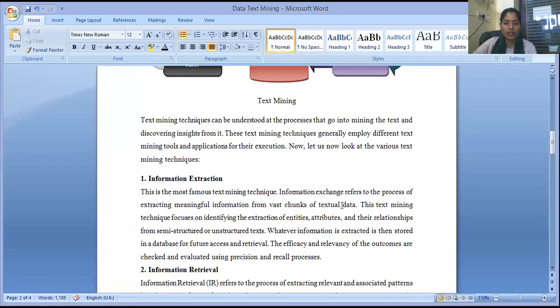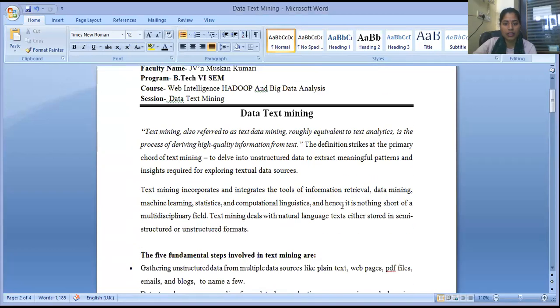Here are your files which are created under data text mining. Mining is well known, isn't it? And what is data text mining? Text mining basically refers to data text mining.